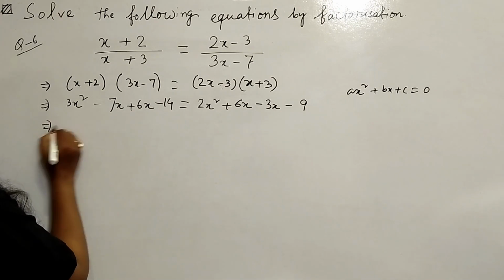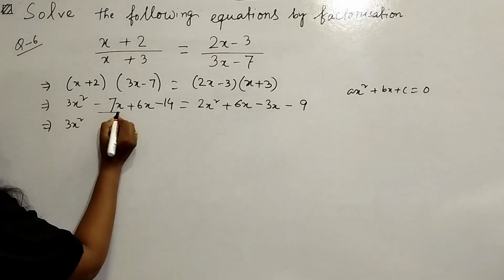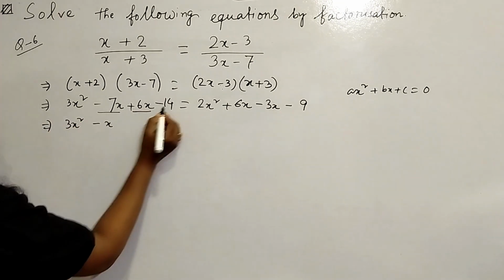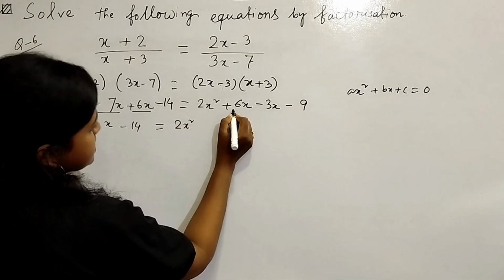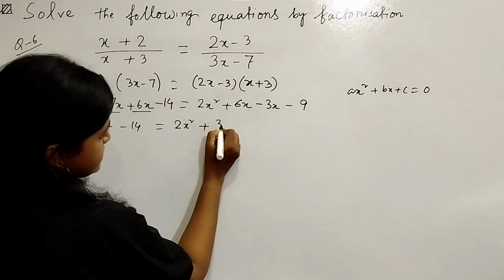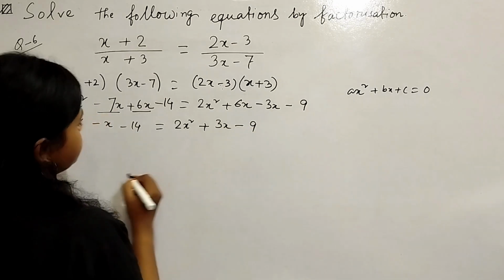Now we have to simplify. 3x square, and minus 7x plus 6x become minus x and minus 14, and in this case 2x square and plus 6x minus 3x become plus 3x and minus 9.